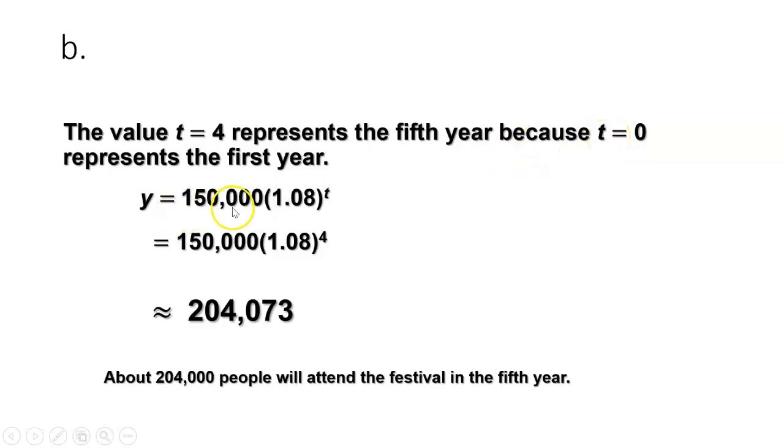So if y = 150,000(1.08)^t, now we're going to say 150,000 multiplied by 1.08 all raised to the power of 4. Why are we using 4 here? We are trying to see what this amount will be from the beginning of the 5th year, not the end of the 5th year, because the question says in the 5th year, not the end of the 5th year.